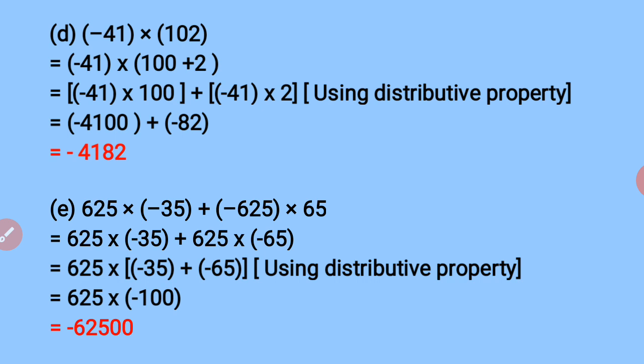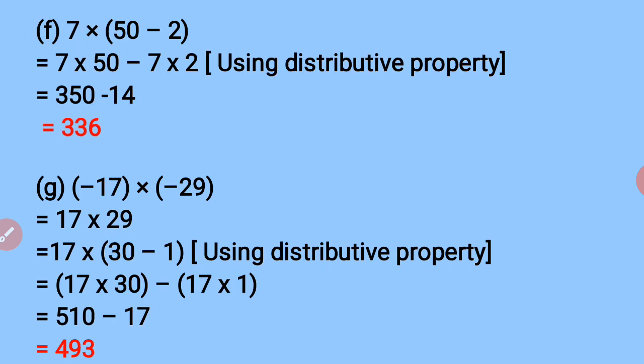The multiplication is too easy. 625 multiplied by 1 gives you 625 with 2 zeros and a negative sign. So you'll see that a huge multiplication and addition which was asked was converted into a very easy example by using the distributive property, and you quickly got the answer.